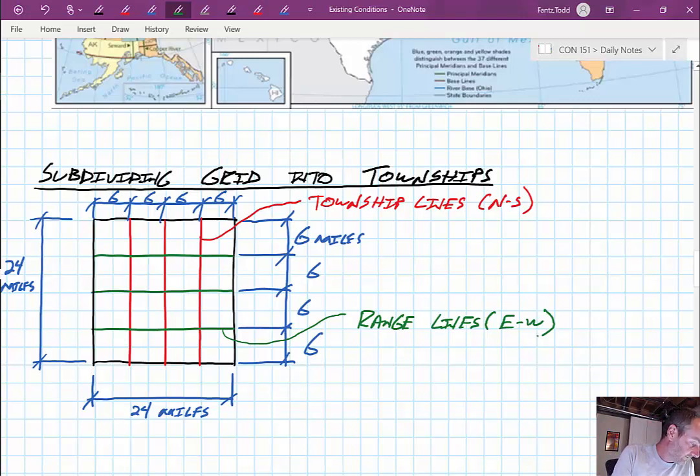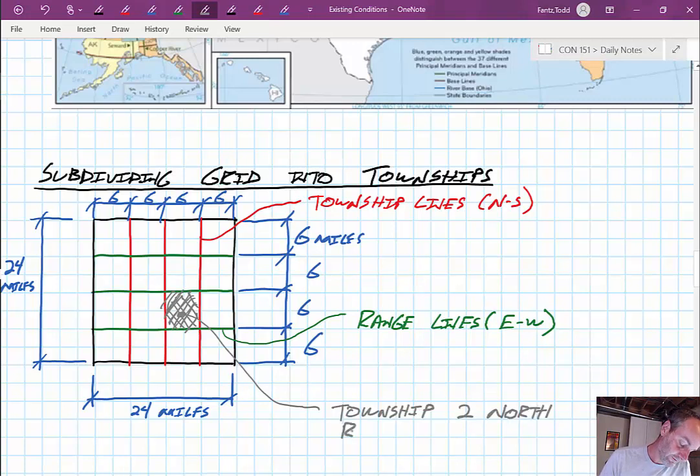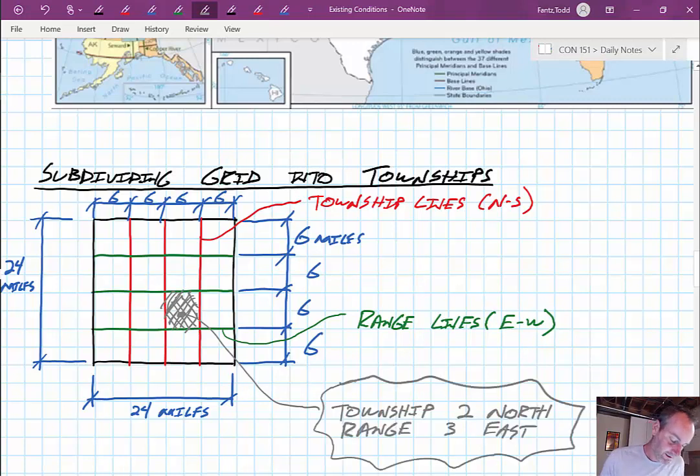Now if I wanted to talk about a particular segment in here, like say I was looking at this plot right in here, I can say that this is in Township 2 North, Range 3 East. And what that means is, from this bottom line, since ranges are going east and west, how far do I have to go up?